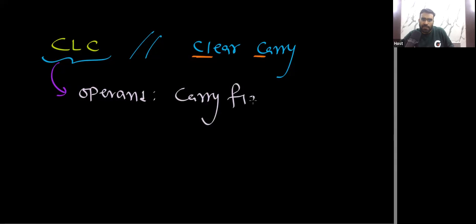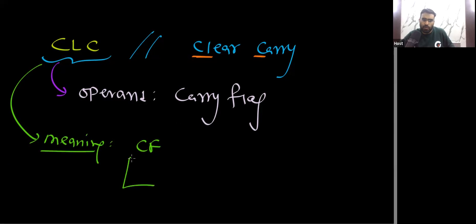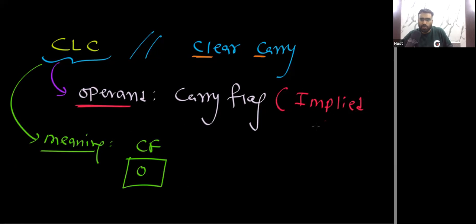The meaning of this is that you put 0 in the carry flag. So the operand is the carry flag, and that is implied. Yes or no? So this is called implied addressing mode.